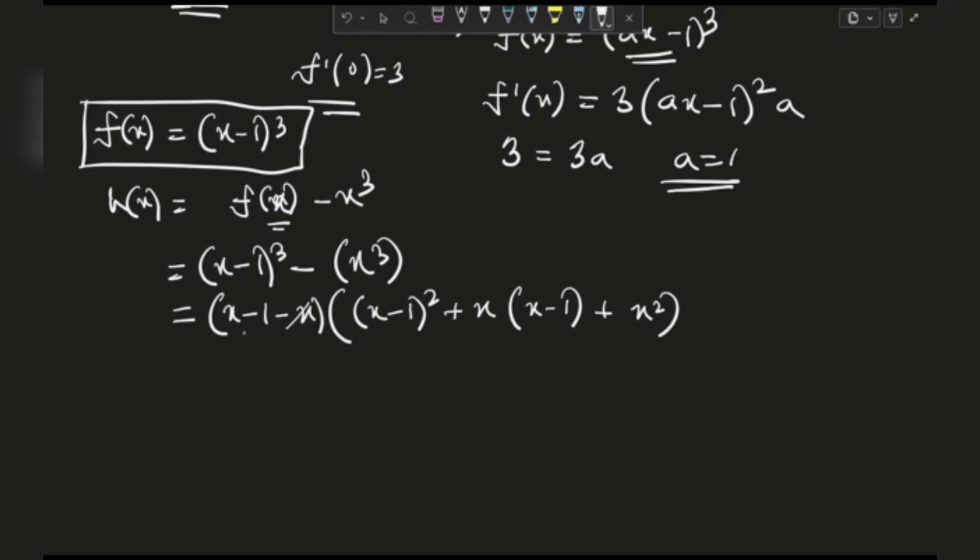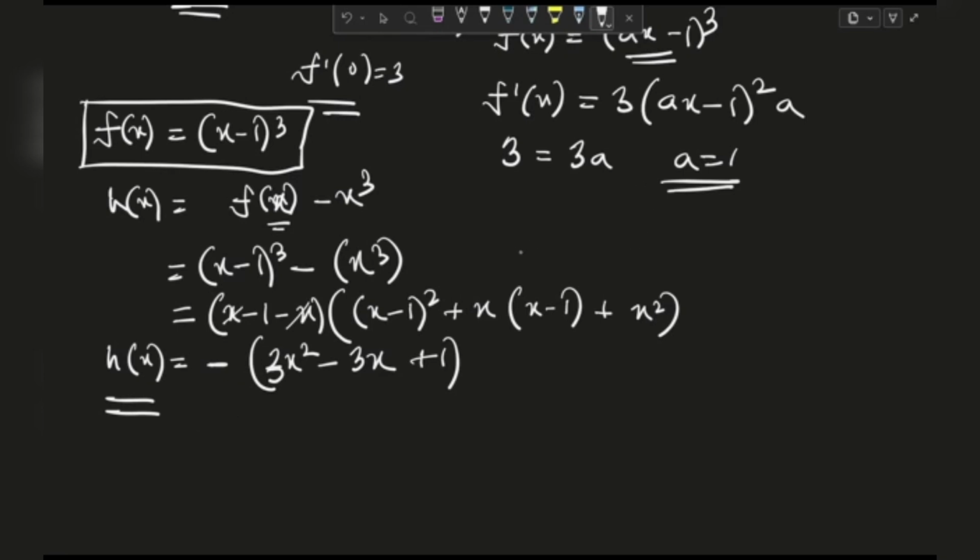Here x and minus x get cancelled, so h of x becomes minus outside. From here x square and another x square, so 2x square, and minus 2x and minus x, so minus 3x, and plus 1. There is an x square here also, so this will be 3x square minus 3x plus 1. So this is our final h of x.